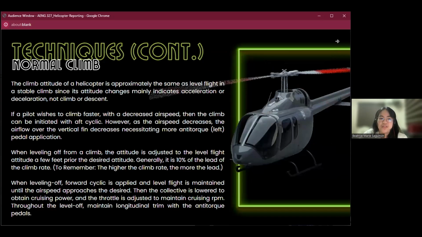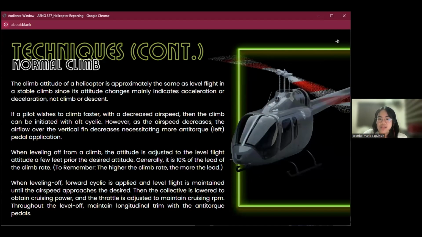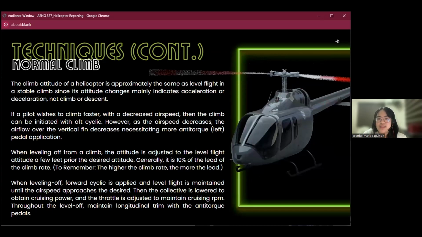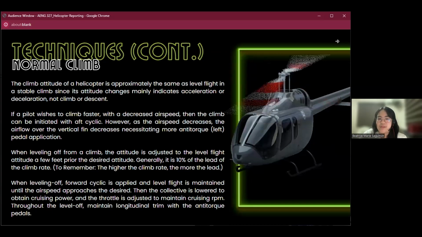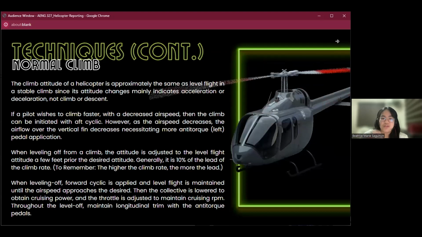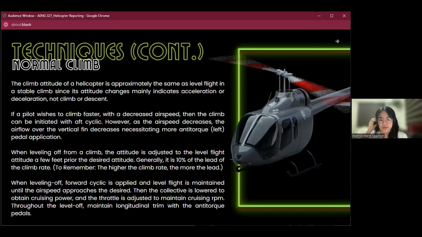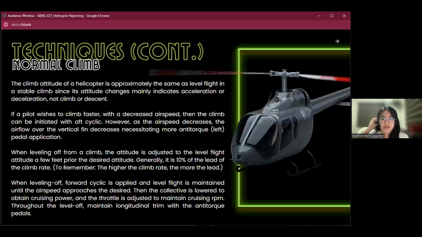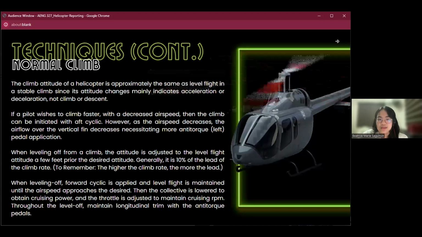If a pilot wishes to climb faster with a decreased airspeed, then the climb can be initiated with aft cyclic. However, as the airspeed decreases, the airflow over the vertical fin decreases, which necessitates more anti-torque pedal application. But the climb can be accomplished without an increase in the collective if a much slower airspeed is acceptable, but it still depends on the airspeed when entering the climb.